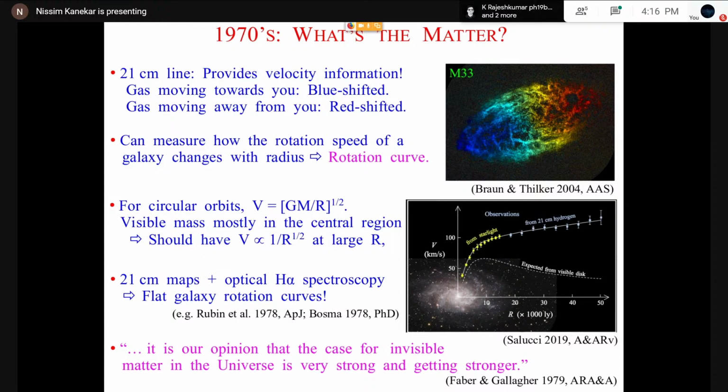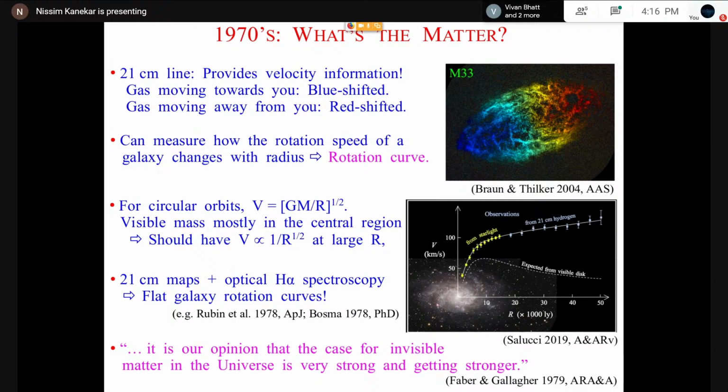Now, if you have, let's say, gas in circular orbits, then Kepler's laws will tell you that the velocity is proportional to the mass to the power half and the radius to the power minus half. So it's roughly v equals (G M / r) to the half, where G is the gravitational constant. And we know in galaxies, the visible mass, the mass that we see, both in stars and in gas, is mostly in the central region.